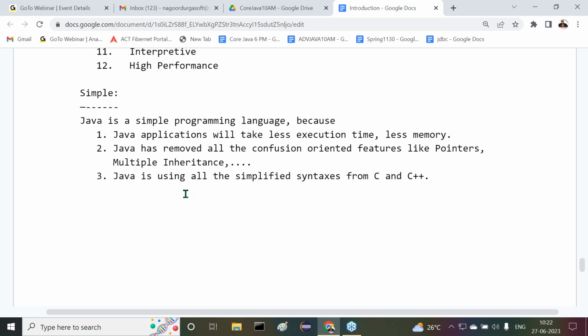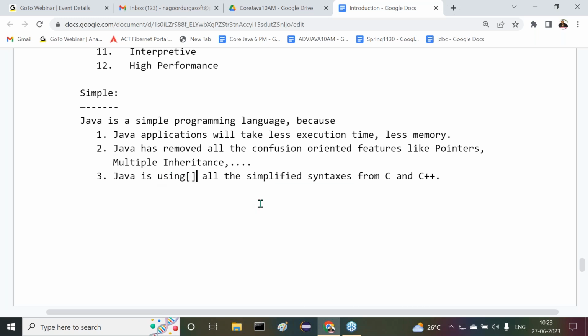That means Java is redefining them. Java is using all the simplified syntaxes of C and C++. It means Java is redefining those syntaxes, not directly using them from C and C++. Understand my point clearly?